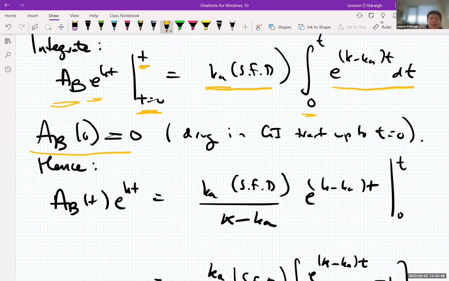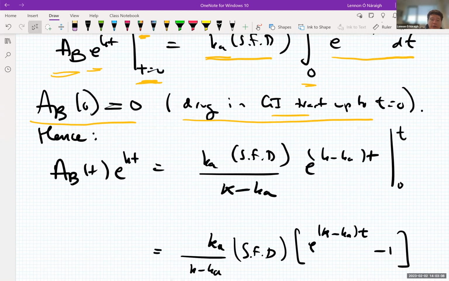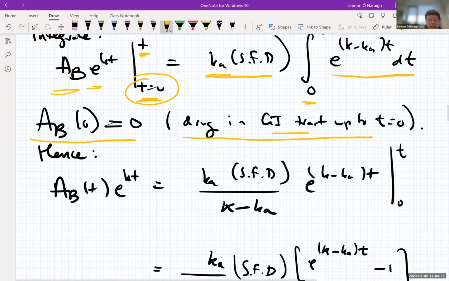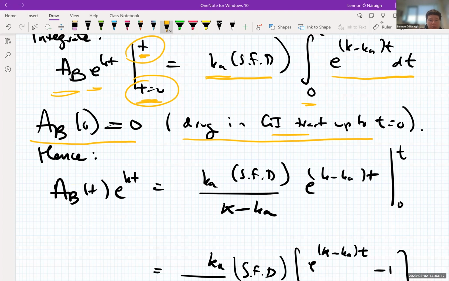I use the fact that AB at time 0 is 0, because the drug is all in the GI tract up to time 0 when it enters the systemic circulation. At time 0, there's nothing in systemic circulation at all. So AB0 is 0, which means the lower limit gives no contribution, and I only get a contribution from the upper limit.